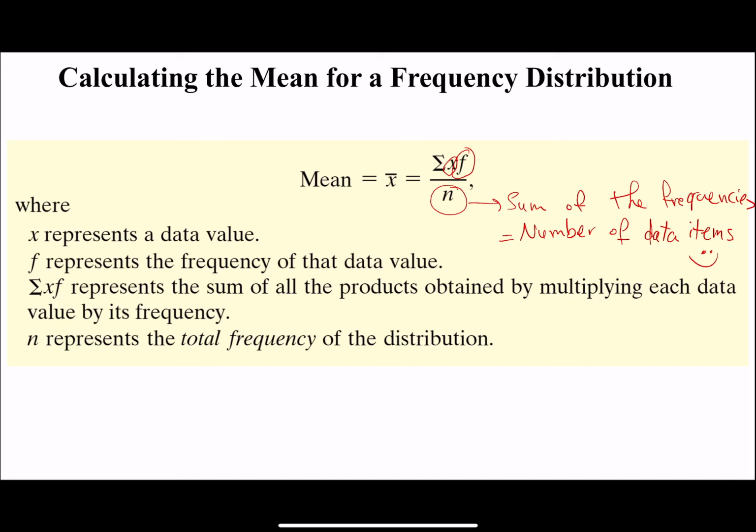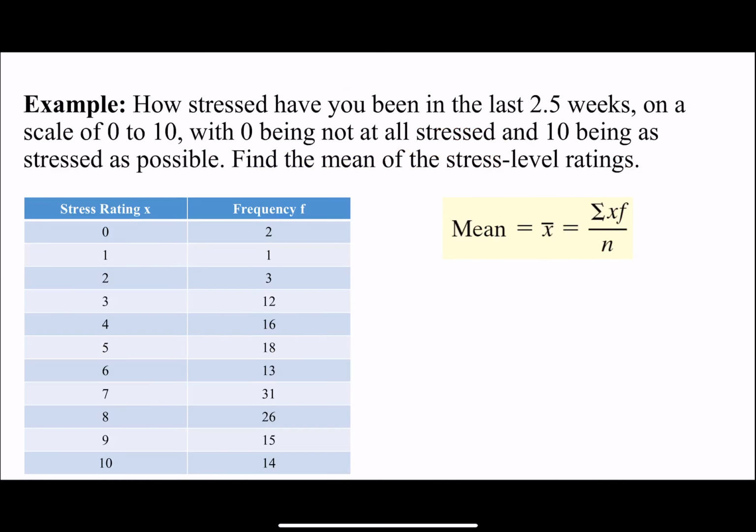Mean values, sometimes we show like this. So this bar that you see on top of x means we are finding the mean value. So let's see how we can find the mean value when we have a frequency distribution. Let's say we have done a study.